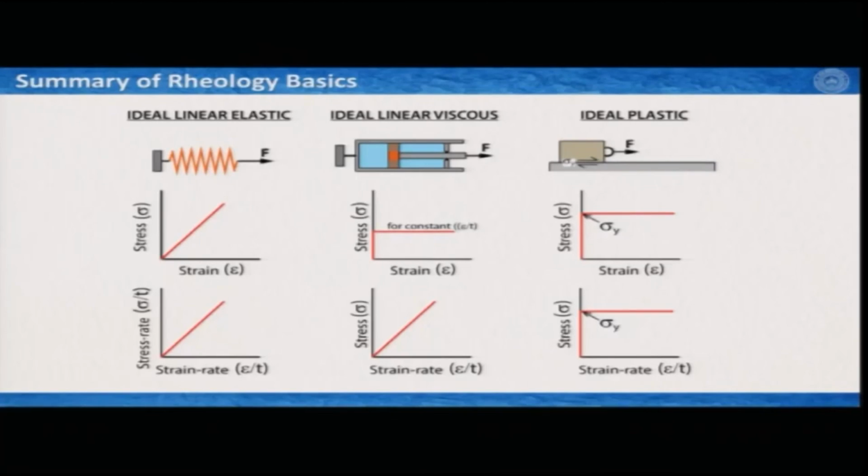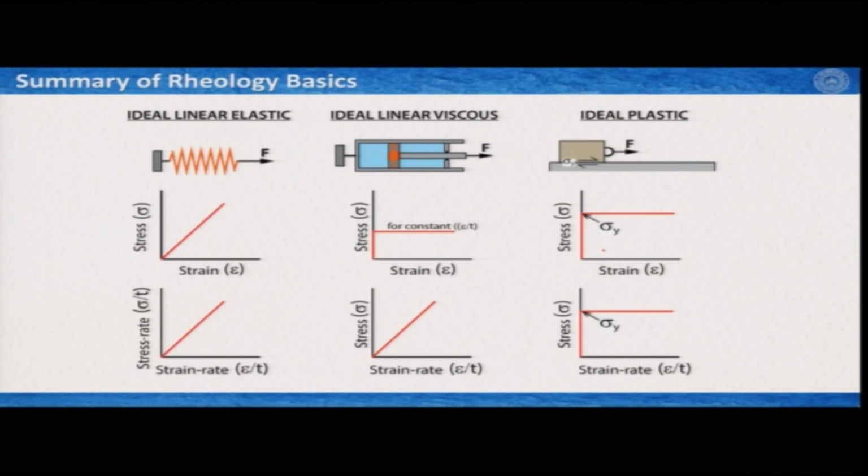And here is the summary slide. In ideal linear elastic materials, we use spring as our analog model. For linear viscous material, we use a dashpot. For ideal plastic rheology, we use a friction block.